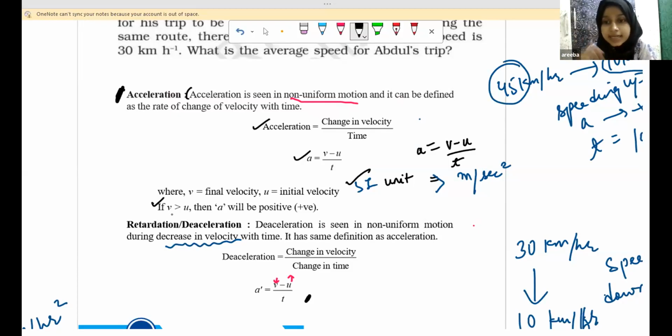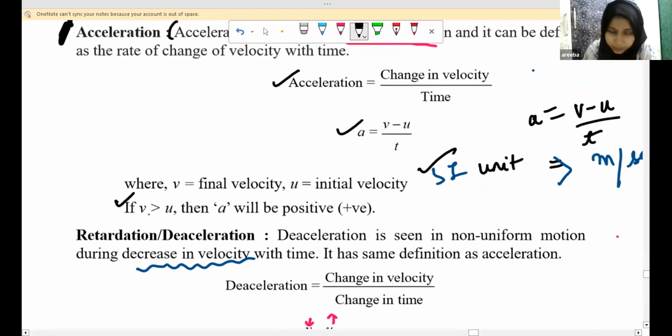That means the speed is increasing. Yes, ma'am. So in that case, when the final velocity is greater, that means the acceleration will come out positive, because 50 minus 20 will give a positive value, right? Yes, ma'am. So acceleration is positive.